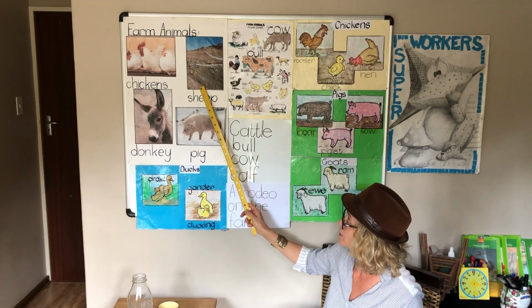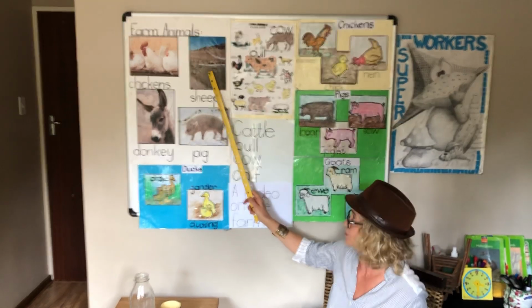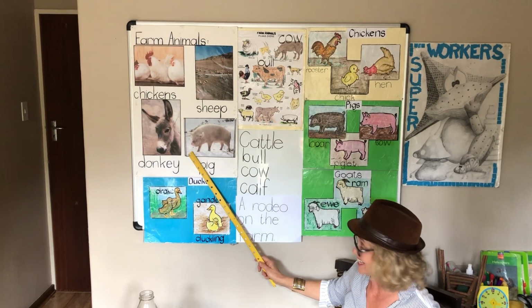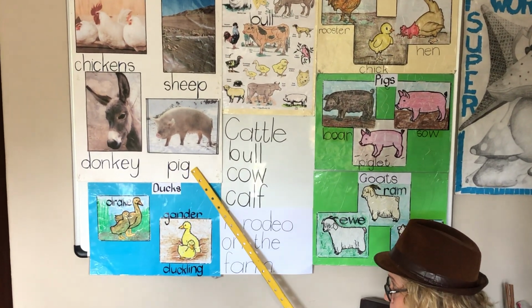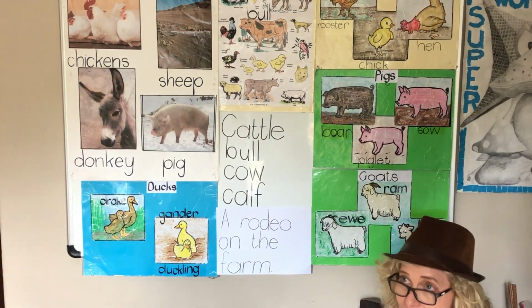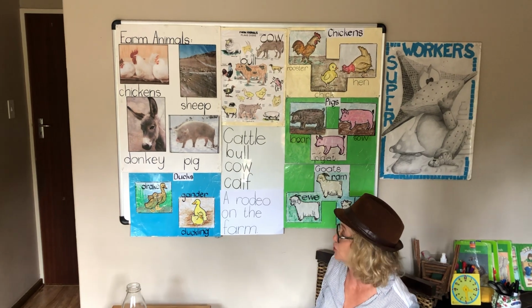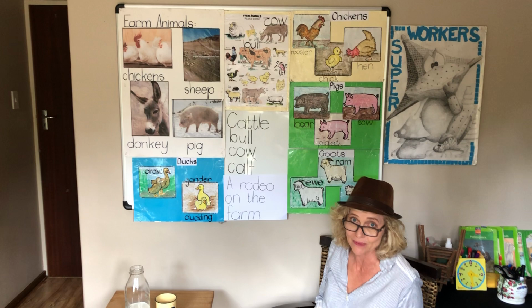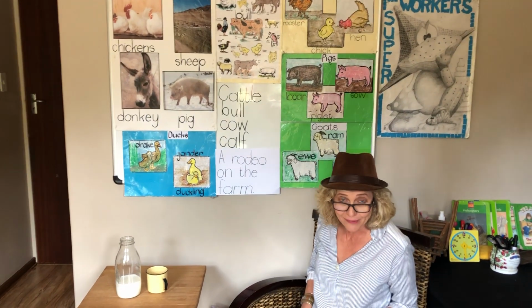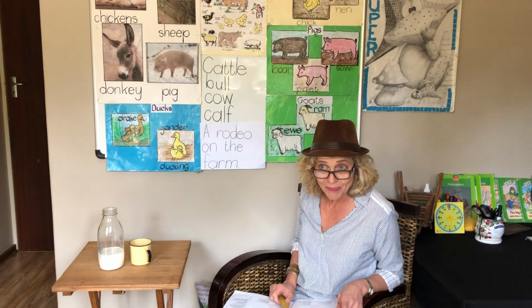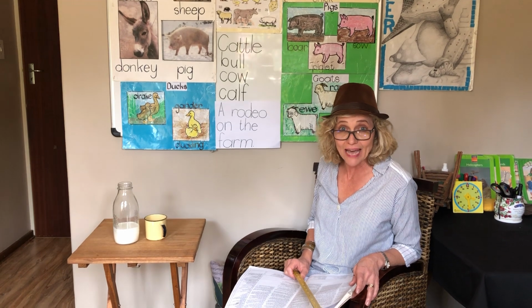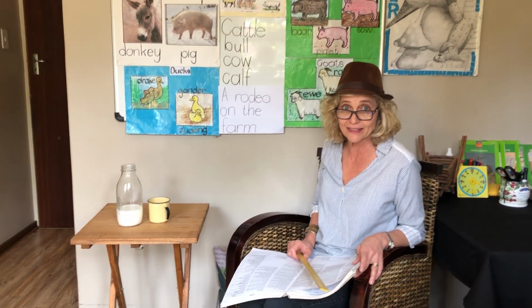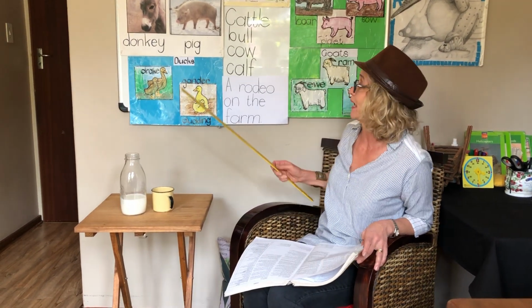This is a farm in the Karoo, I would suppose, with sheep. And there's a donkey, there's a pig, and also part of what we are going to look at this week is to name the farm animals according to male, female, and their young. When I say their young, I'm actually talking about their babies.